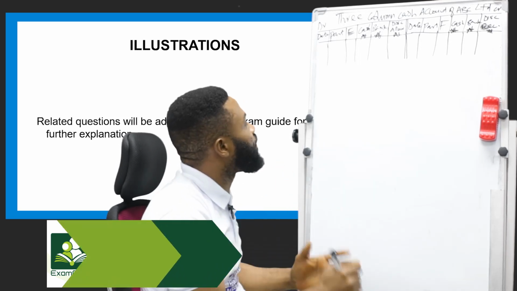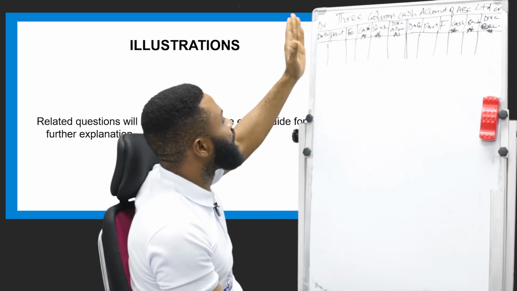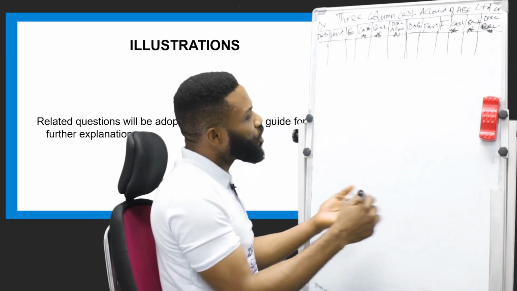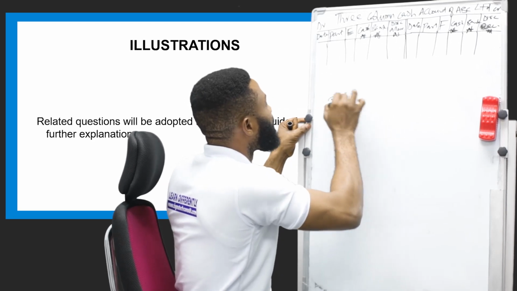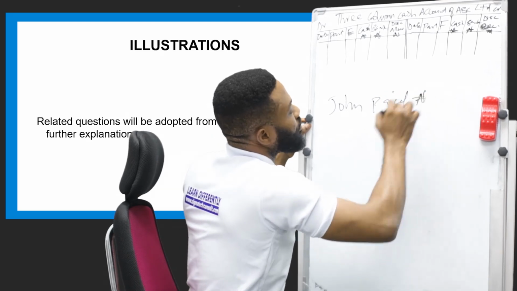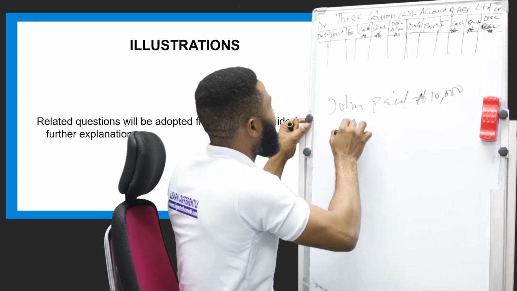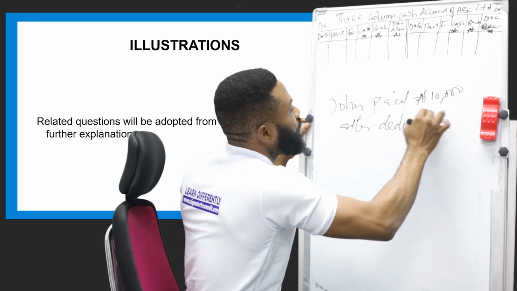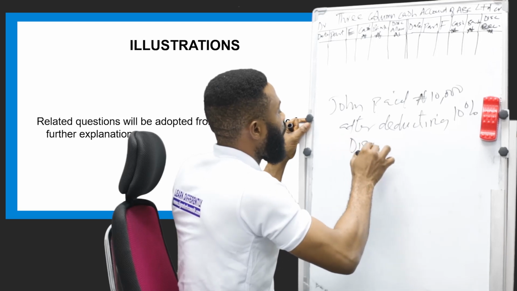I have explained the fact that discount allowed will go with receipt, and discount received will go with what? Cash. Let us do something like this. Let's say John paid 10,000 after deducting 10% discount.